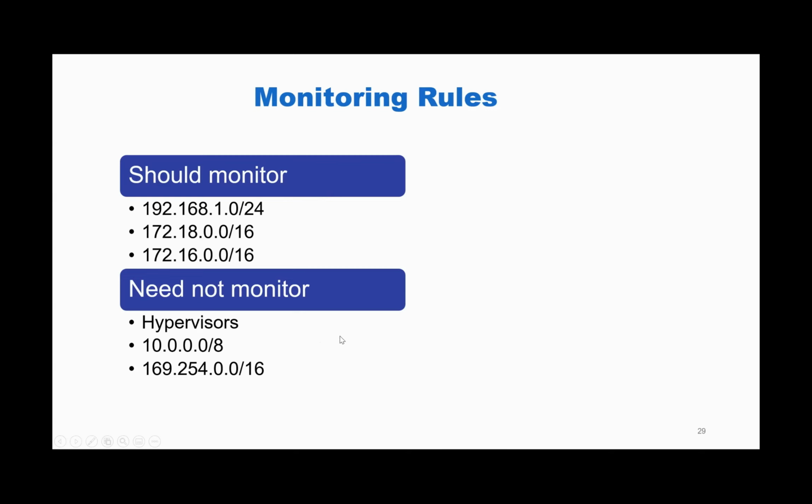The 10.0 network is our internet network. And the 196 is if anybody has issues connecting to the DHCP servers. So these will create noise in your system. So you do not need to monitor them, because the targets that iTrust and the red teams will be attacking will not be in those subnets.